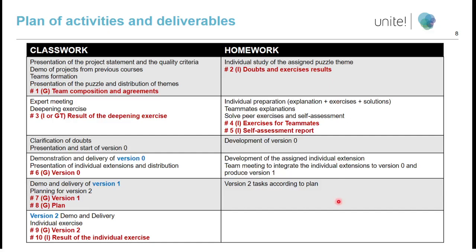We are assuming here that there is only one single class session every week, and therefore what we would have in this left column is what happened in that weekly class session. On the right column you have the tasks for students to do between class sessions, for instance from Monday to Monday, if class session is on Monday.